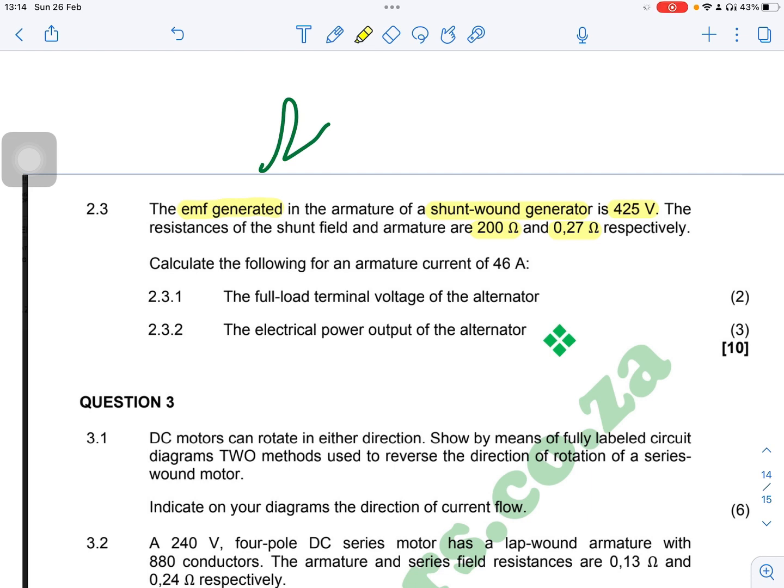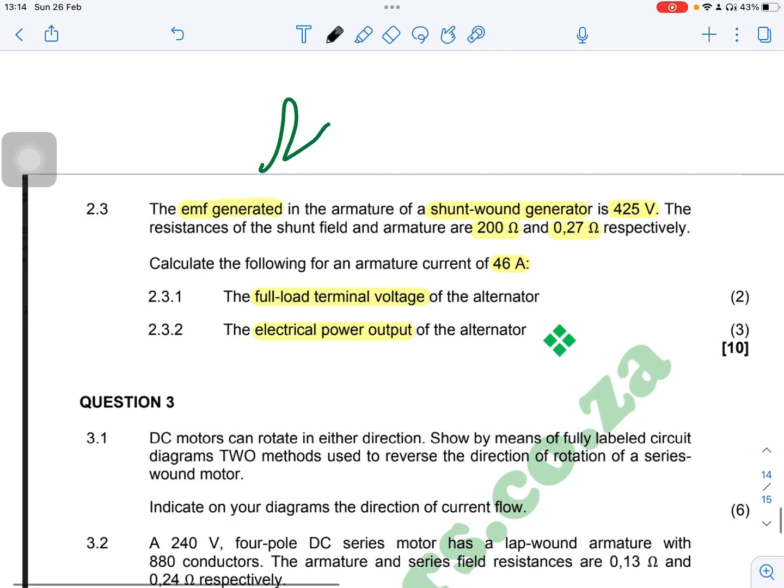Then they say calculate the following for an armature current of 46 amps. They want us to calculate the full load terminal voltage of the alternator. Alternator and generator are the same thing. Then number 2, they want us to calculate the electrical power of the generator.